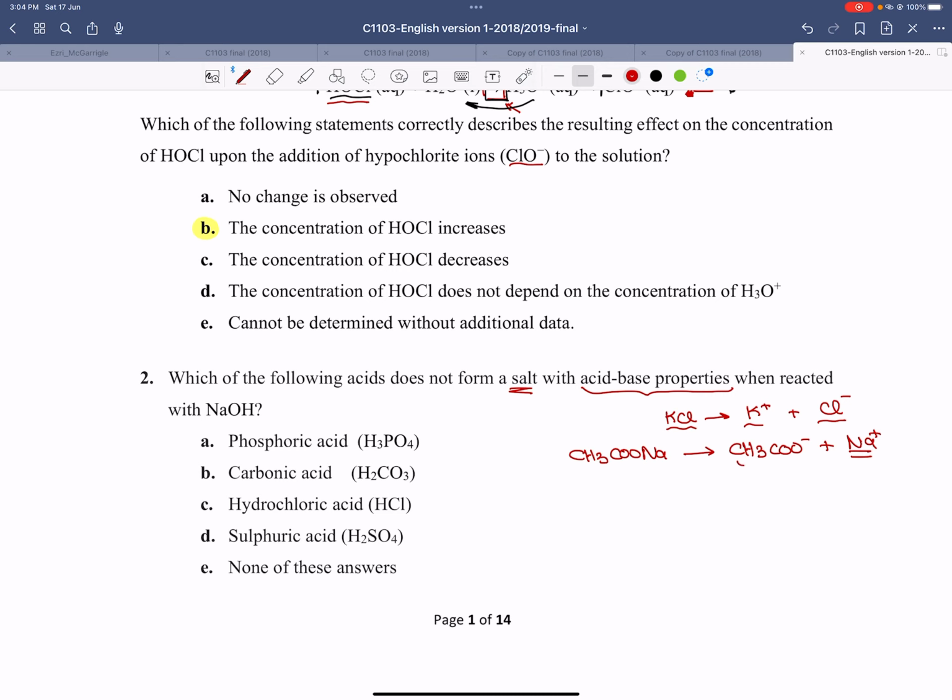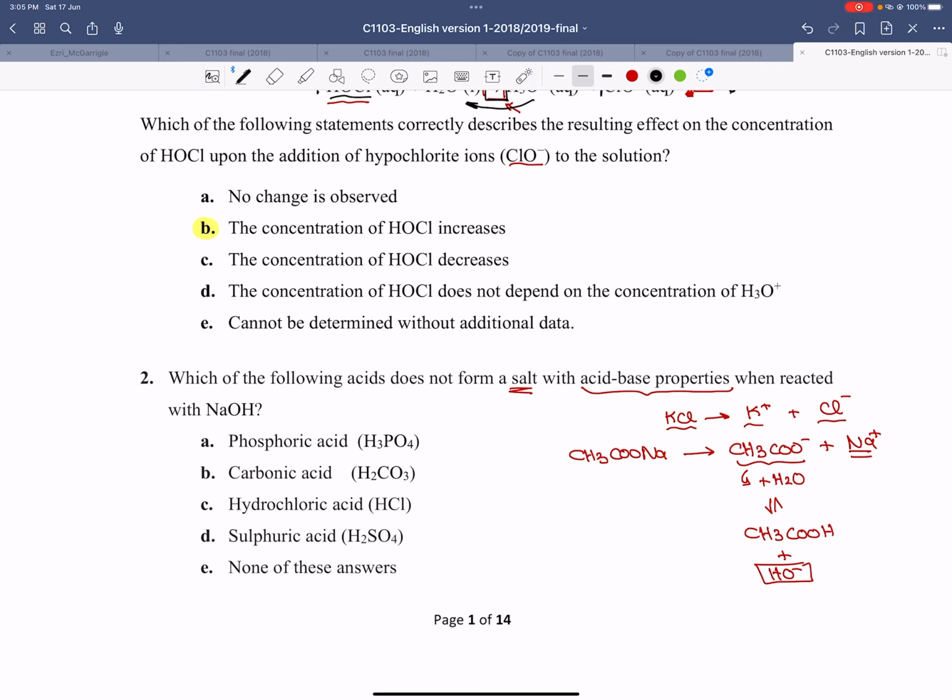But CH3COO minus can actually react with water, reversibly, to give you CH3COOH and HO minus. Basic properties. So this salt has acid-base properties. Very good. So now let's go back to the question.